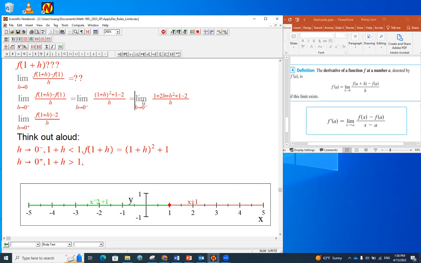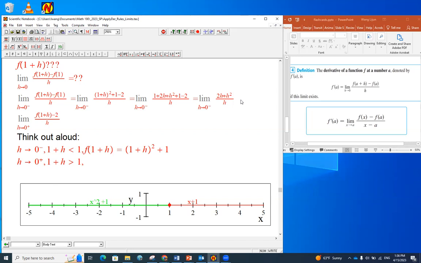And we simplify further. Right? So 1 plus 1, that's 2, 2 minus 2, that's 0. So these make 0. So now it's just 2h plus h squared.